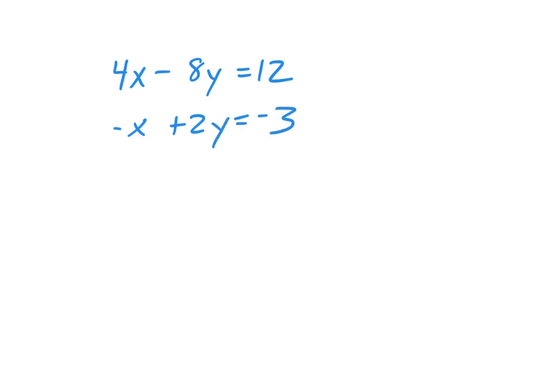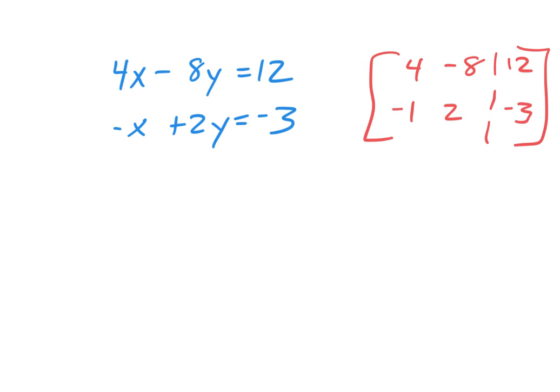Let's put this one into our matrix once again. The matrix is going to be 4, -8, 12, -1, 2, -3. Really watch those positives and negatives, because that can really affect, obviously, your answer.